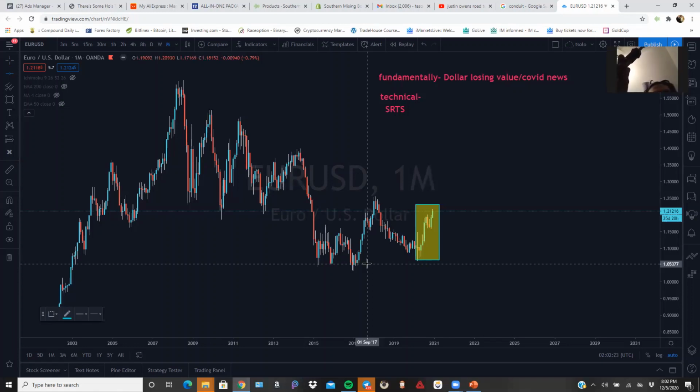So I can literally look and say, wherever price is at currently, where you see that green dashed line, I could tell you that's current price, and I could tell you that it is sitting at a very, very key level of resistance and support. And that's me just looking at that.